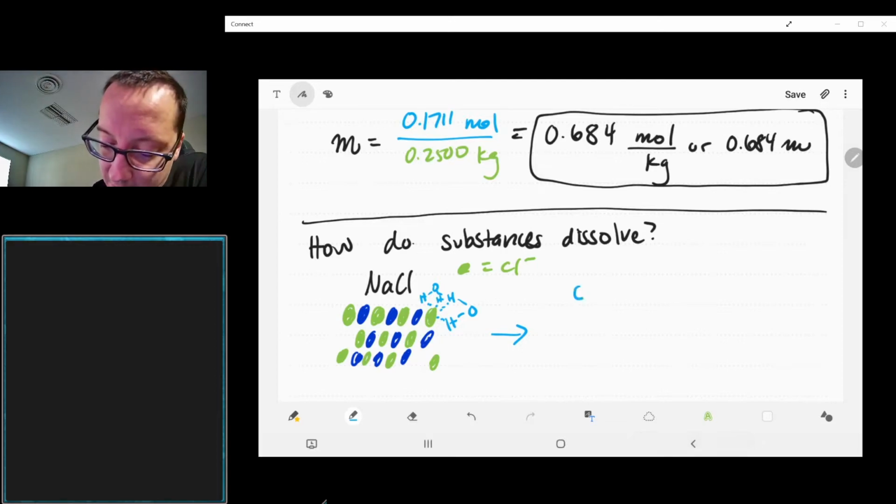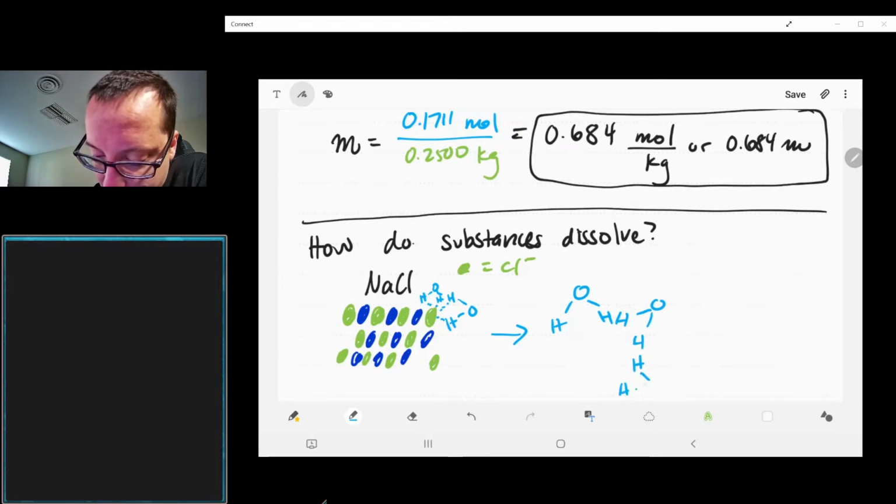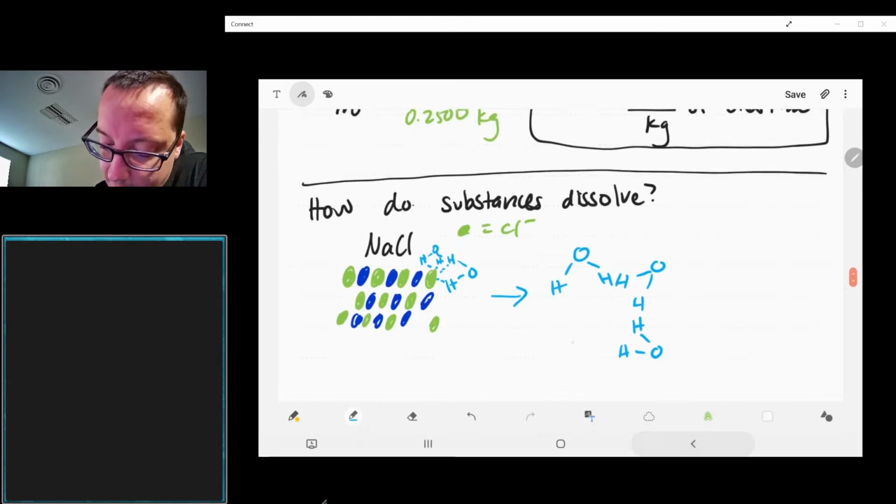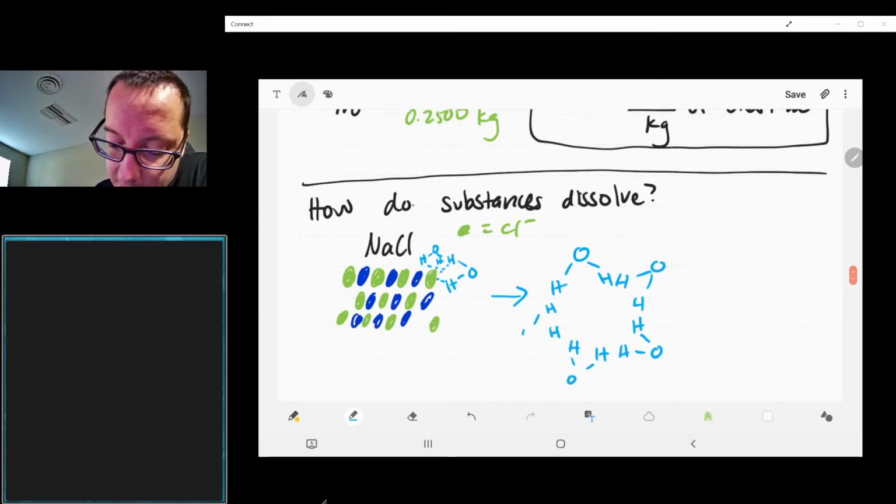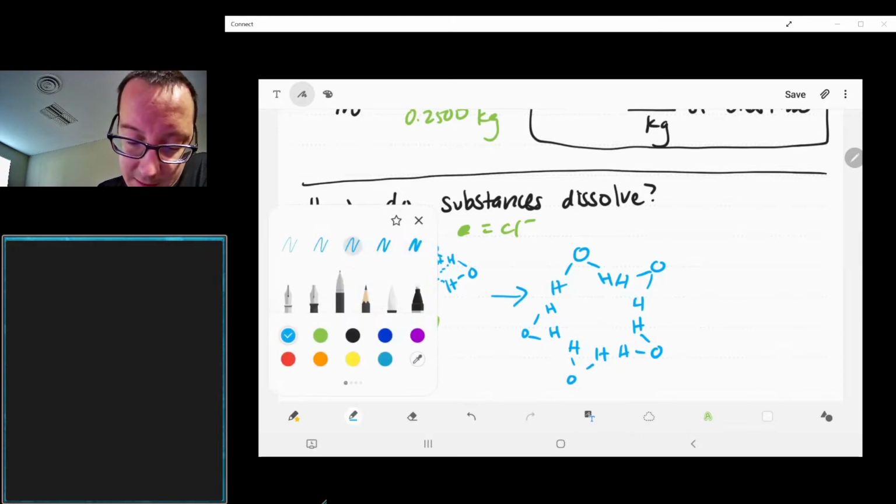And what you end up having is a whole bunch of water molecules. I'm omitting the lone pairs here, just for clarity.